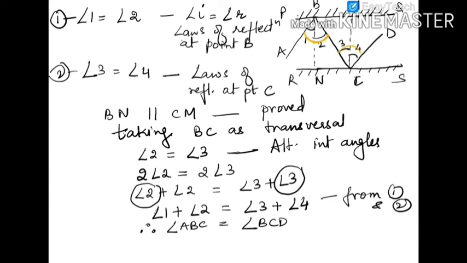These are forming alternate interior angles with lines AB and CD cut by transversal BC. So we can say that AB is parallel to CD since the alternate angles are equal.